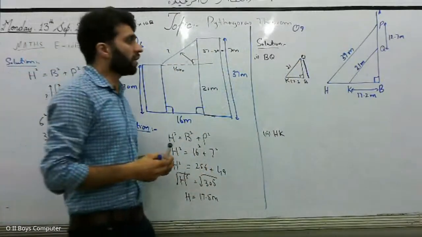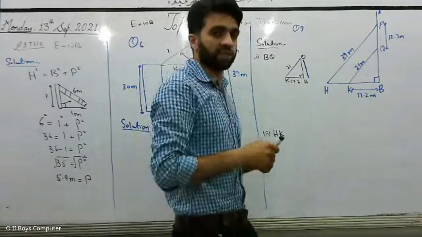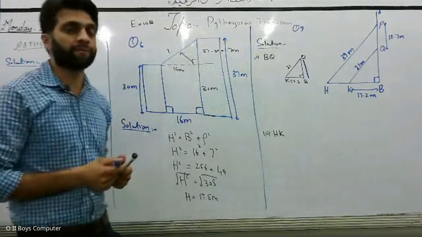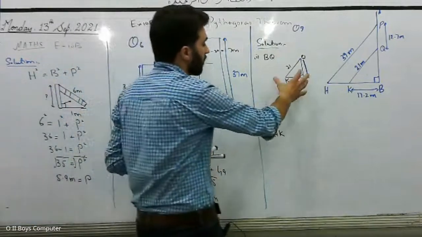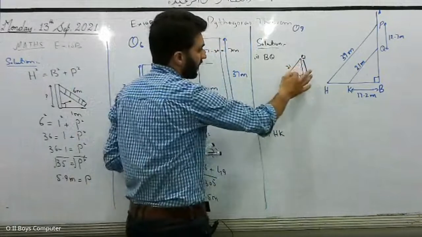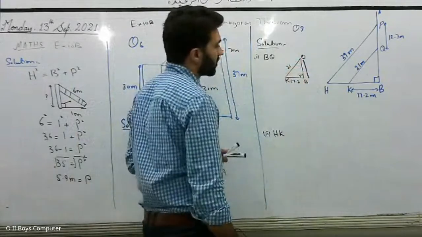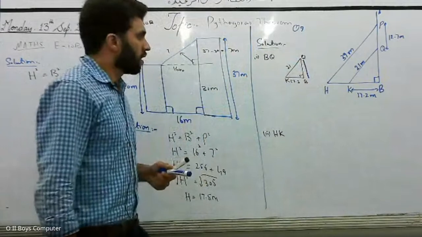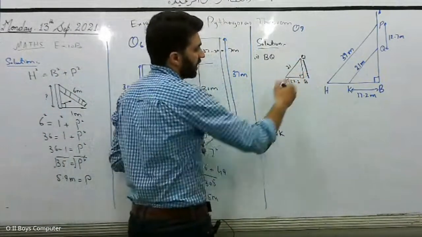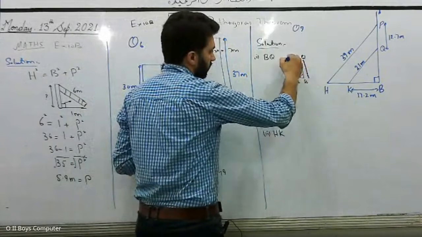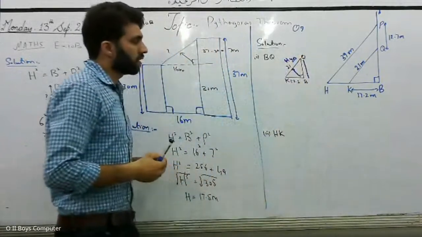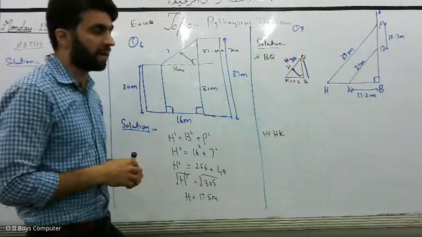I had told you that if we have to find out the side of any right angle triangle, we should have two sides given. And in this shorter triangle, I have two sides given, QK is 21 and KB is 17.2 meters. So, in front of the 90-degree angle, 21 is the hypotenuse and KB is the base. You have to find out the BQ, which is the height of the triangle.